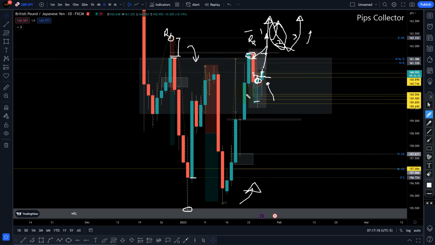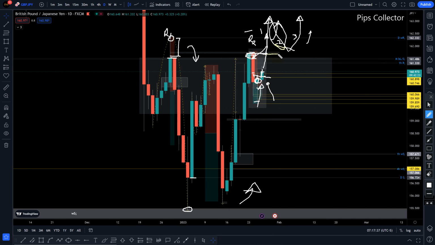Like my friend Naveen Prithyani will say, the candles you're noticing are the receipts of the transactions, meaning this is the receipt showing us that sellers wanted to sell at this level. Buyers want to buy around this level.